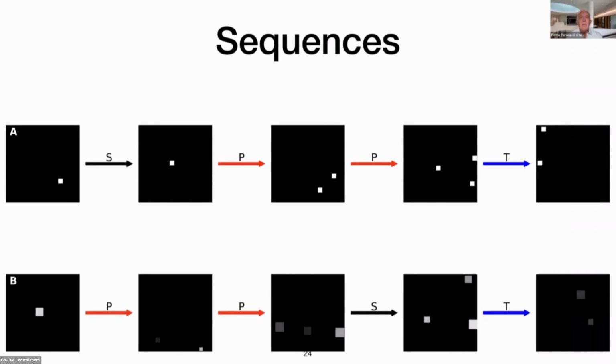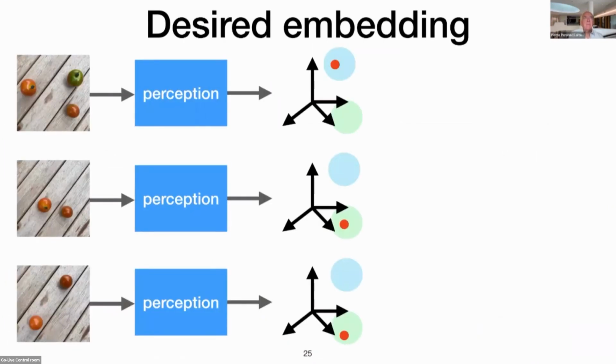And so what we would like to do, by playing with objects, is come up with an embedding using perception, which maps images that contain the same number of objects, like the second and the third row here, into the same place in an embedding, and images that contain a different number of objects into a different place in an embedding, despite the fact that the images that contain the same number of objects are quite different one from the other and may be more similar to others that contain a different number of objects.